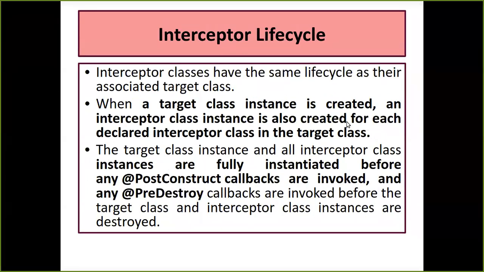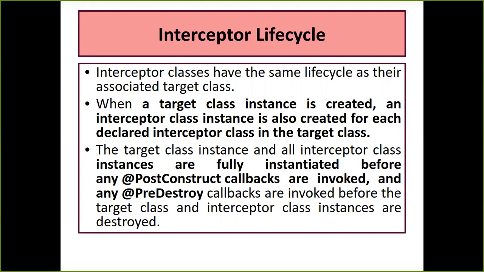Now the interceptor lifecycle, it's very easy. It is almost similar to the other life cycles we have learned. We have a target class, or the normal classes we have written after the interceptor class. We need to create an object of the target class, basically not the developers, but the Java beans or the EJB container is going to create that instance.